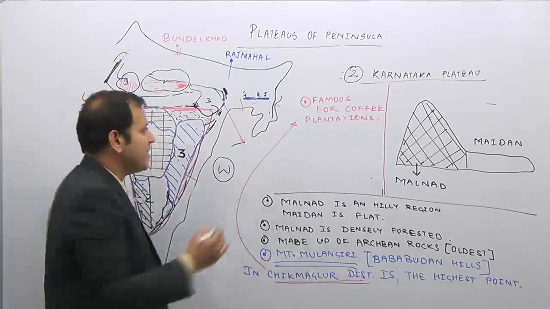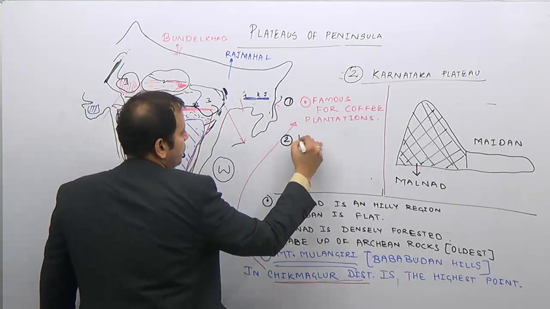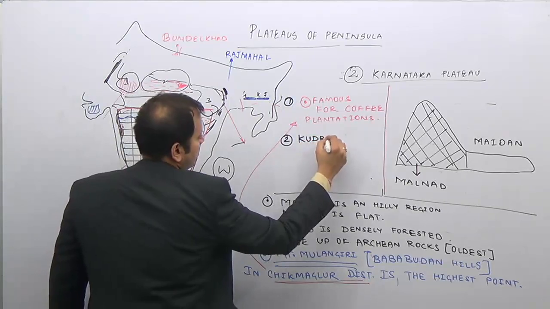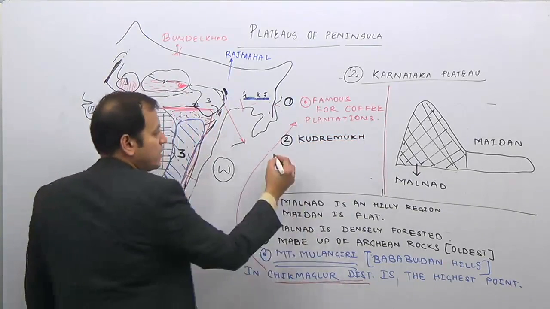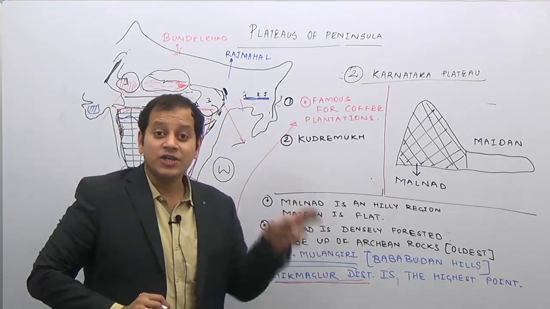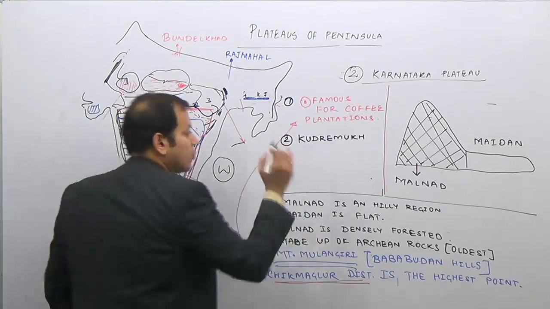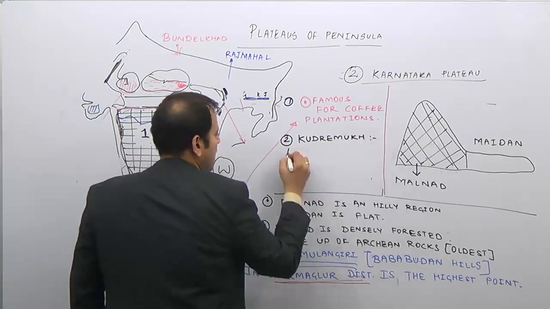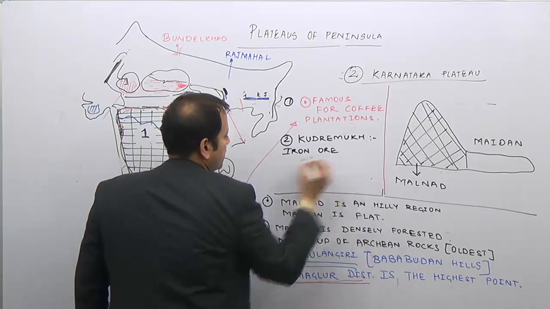And the second thing that is famous here is the Kudremukh mountains. The Kudremukh hills have one of the richest iron ore deposits in India.